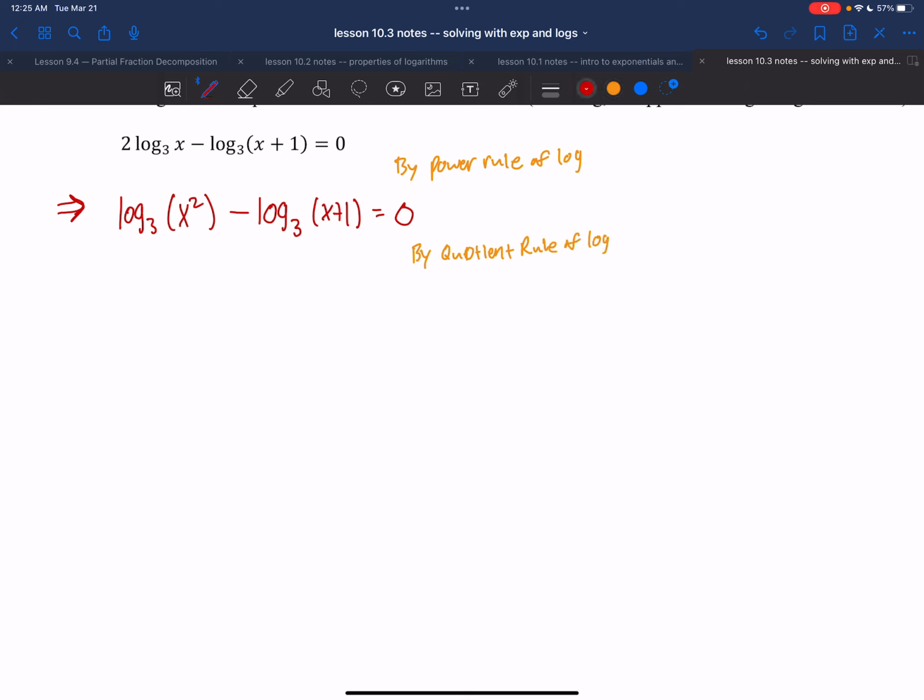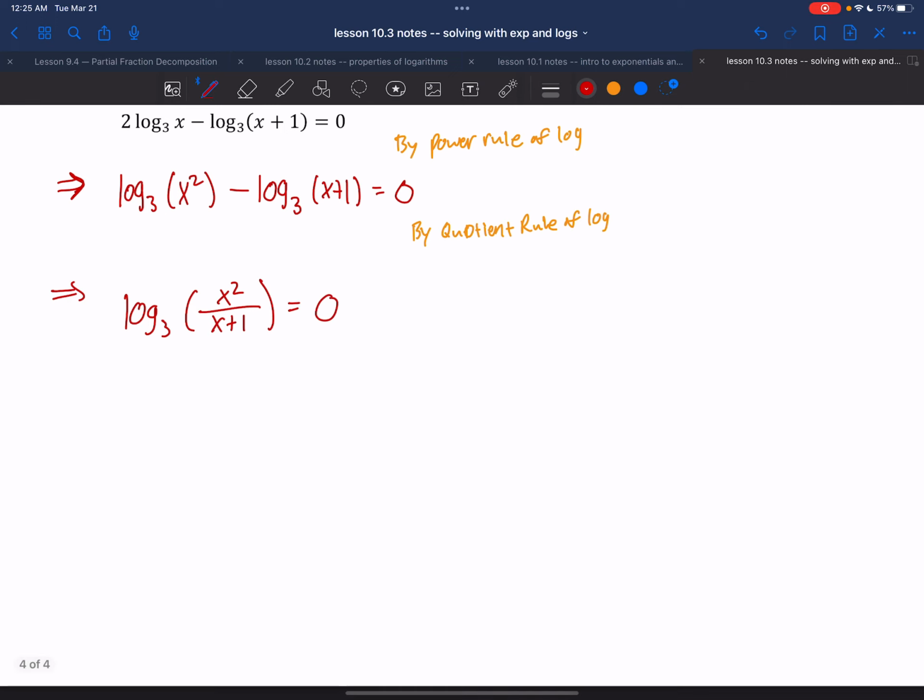You can put these together and say that this is log base 3 of x squared divided by x plus 1 equals 0. And now what's happened here is I have a single isolated logarithm. Now I can convert to exponential.